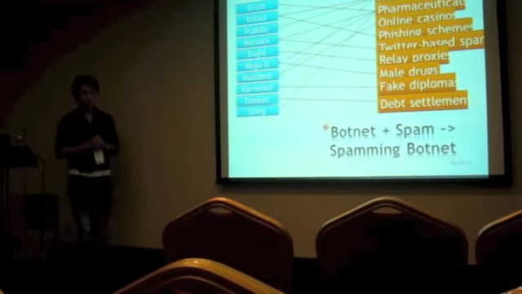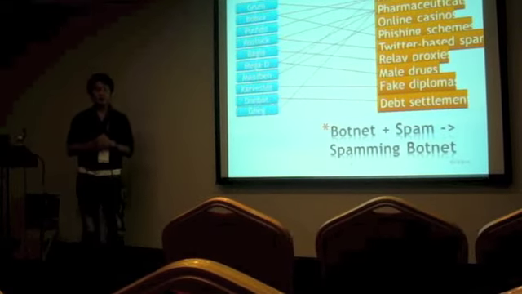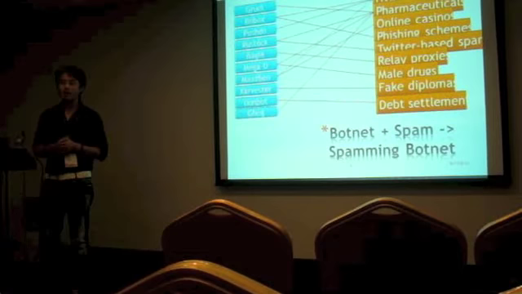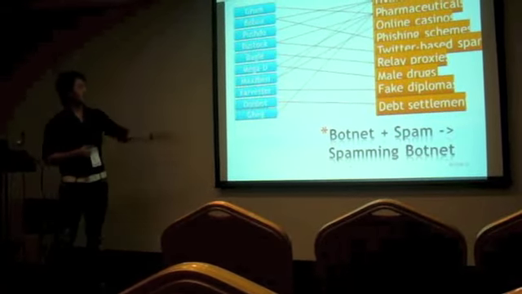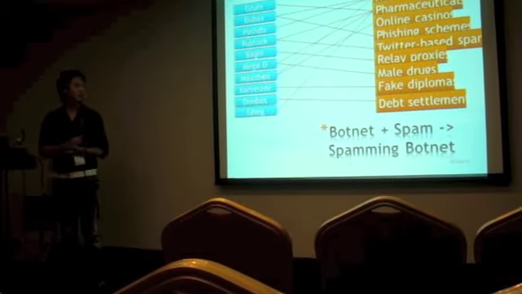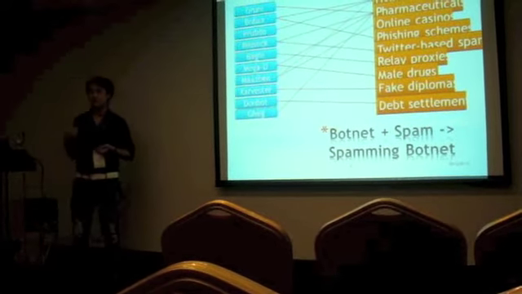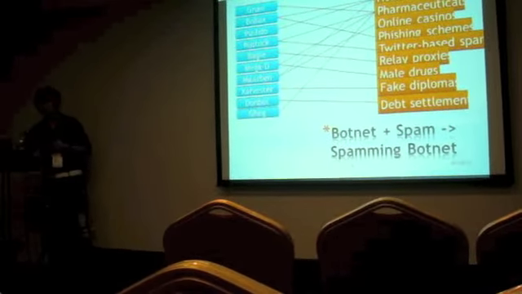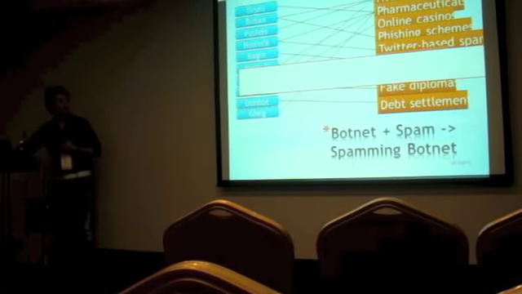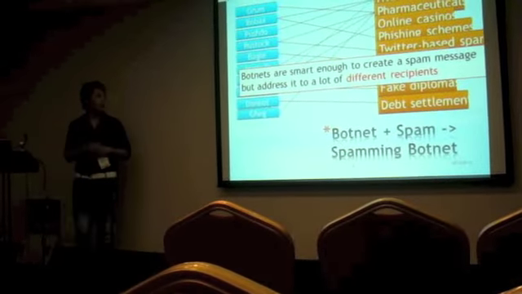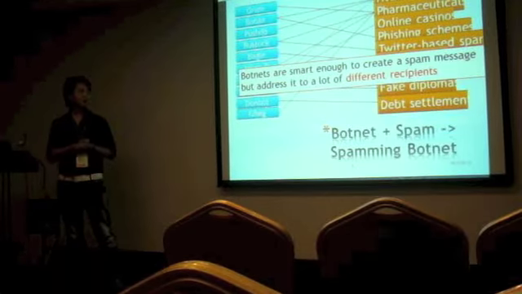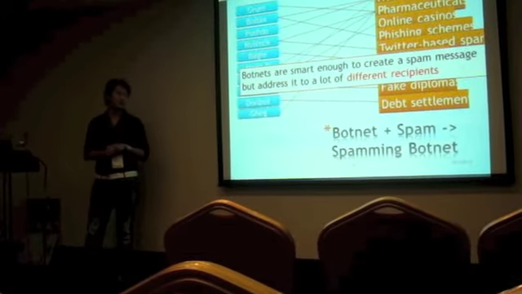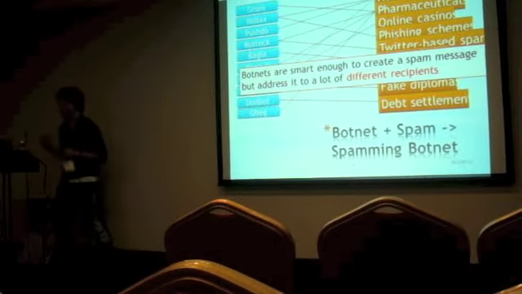Last year, Symantec reported the top 10 spamming bots in the world. These bots come with different topics to deliver spam content. According to this feature, botnets are smart enough to create a spam message but address a lot of different recipients.